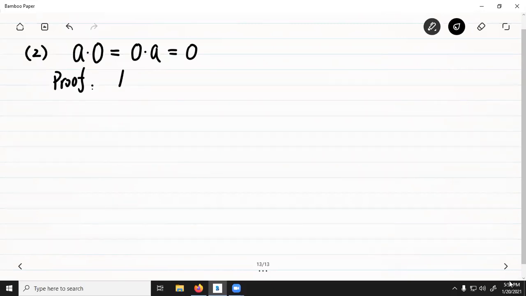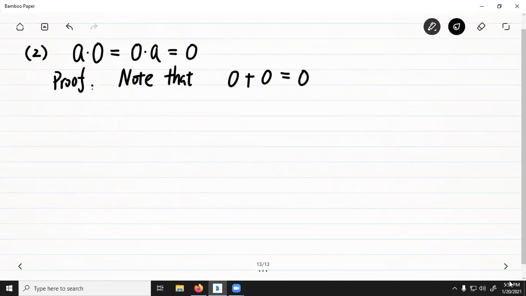So we note that since 0 is the additive identity, 0 plus any number gives that number. We take that number to be 0. 0 plus 0 would be 0, right? We take a to be 0, so 0 plus a equals a, so 0 plus 0 equals 0.